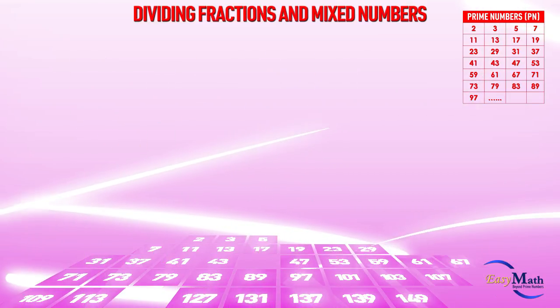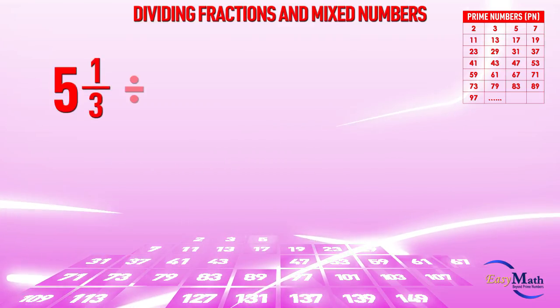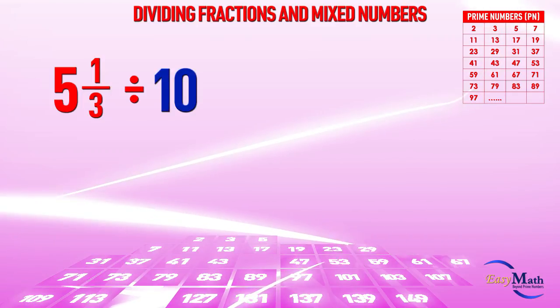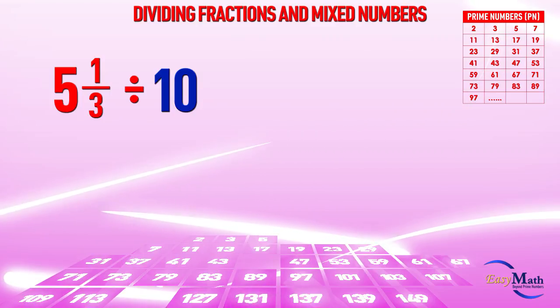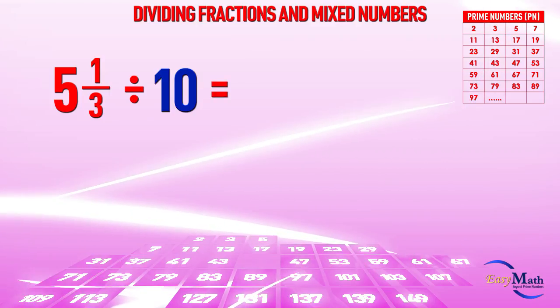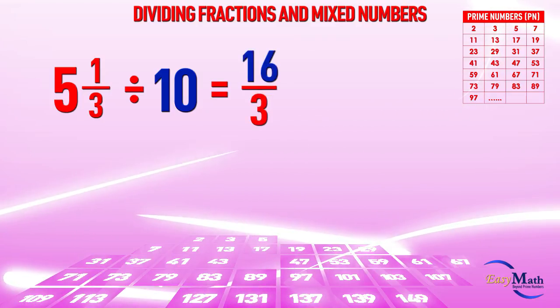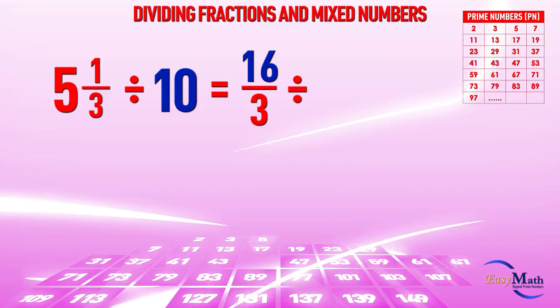Finally, let's say we have a number like 5 and 1/3, and we want to divide that by 10. Well, again, let's start to change everything to fractions and then move forward. So 3 times 5 is 15. 15 plus 1 is 16 all over 3. We're going to keep that division symbol because we're not finished.